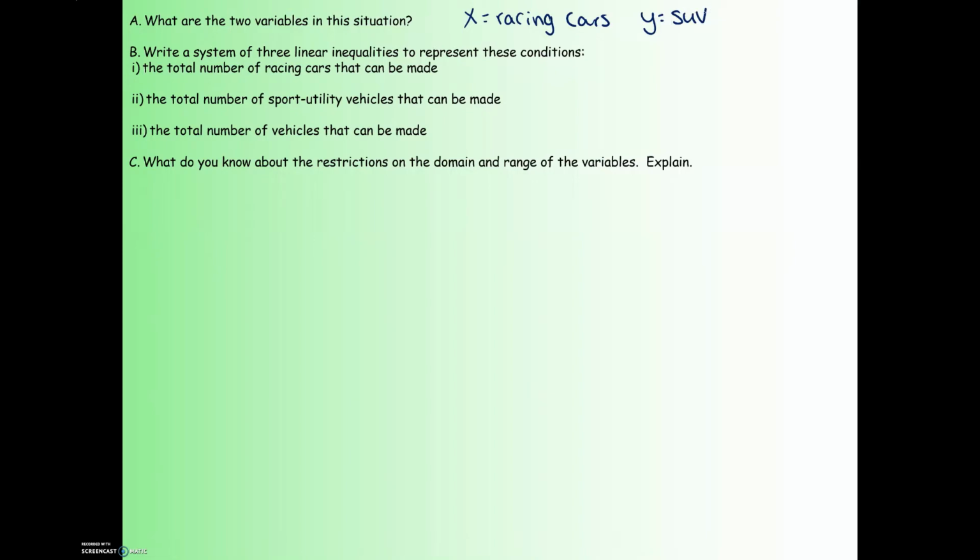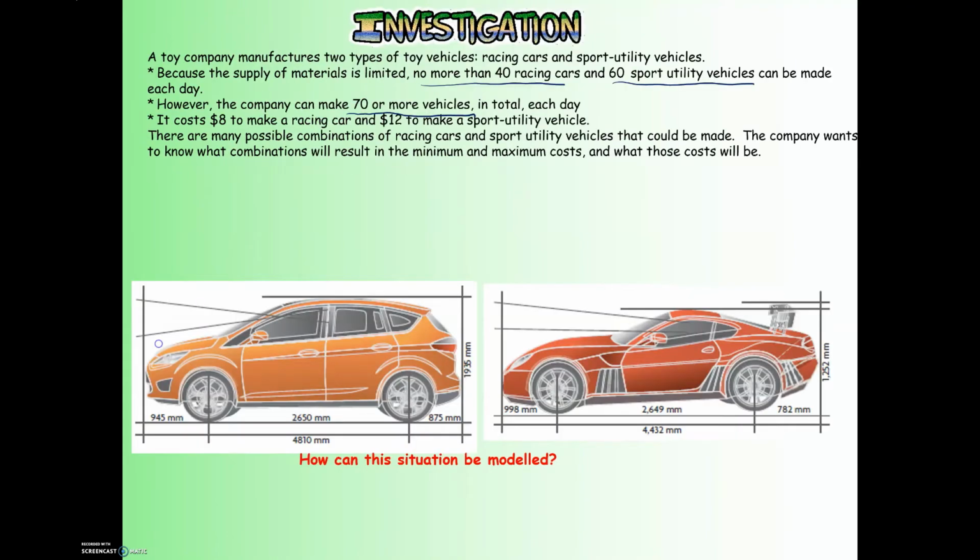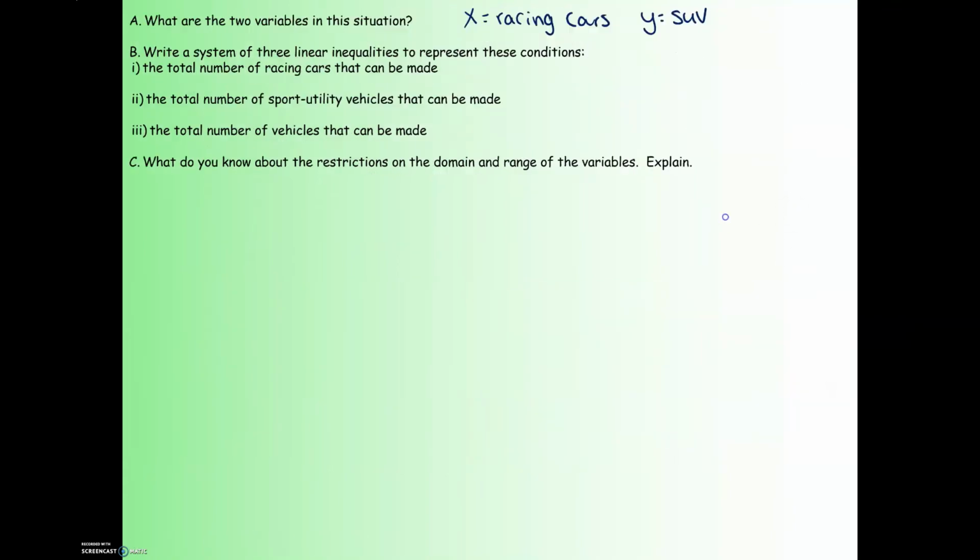We're going to write a system of 3 linear inequalities to represent the following conditions. The total number of racing cars that can be made: if I go back, it says no more than 40 racing cars. So my racing cars, X, has to be less than or equal to 40, so it can be 40 and under.